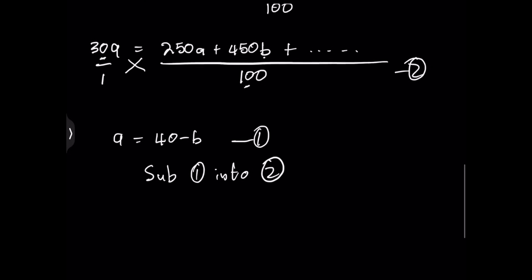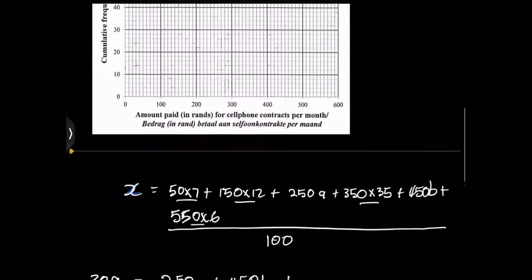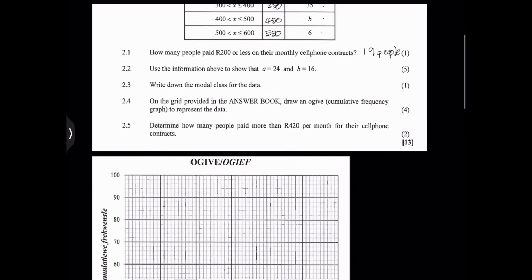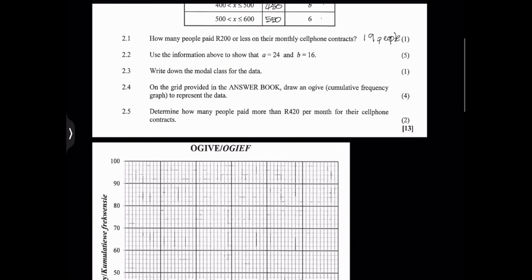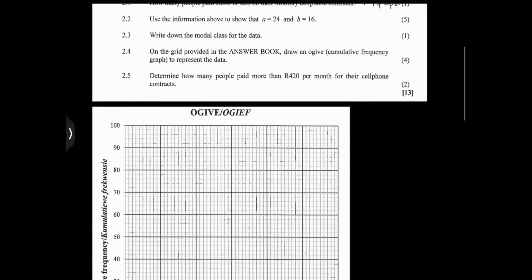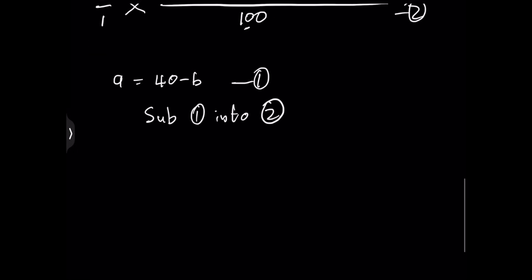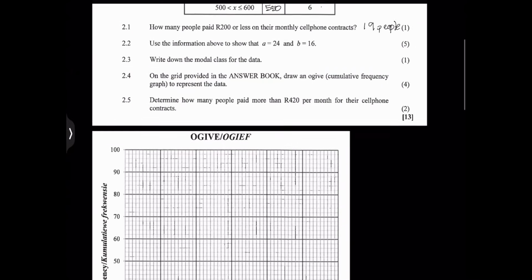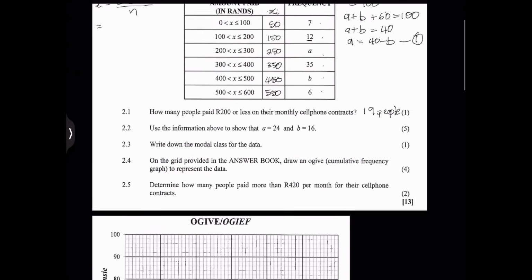I'm not really going to waste time with the simultaneous equations there. If you do the right thing, we know that A will be equal to 24 and B equal to 16. I'll allow you to do that for yourself. Right, now let me get to answering the questions that follow.